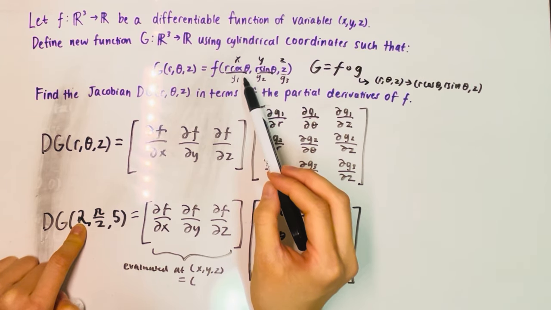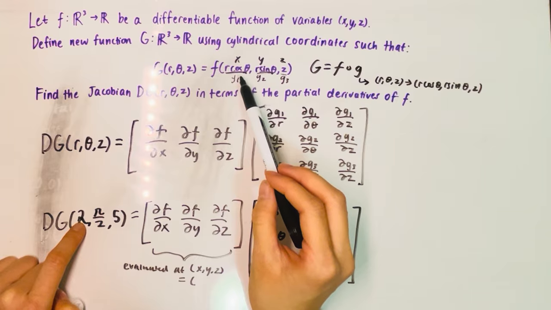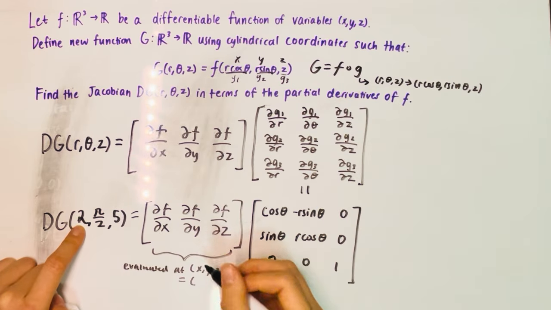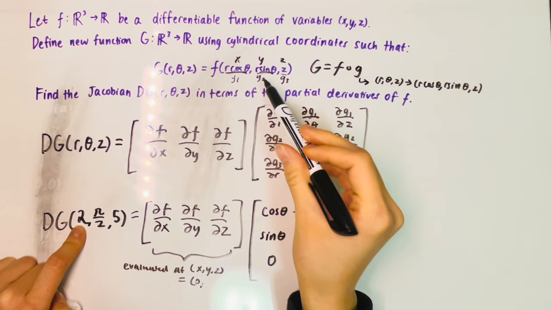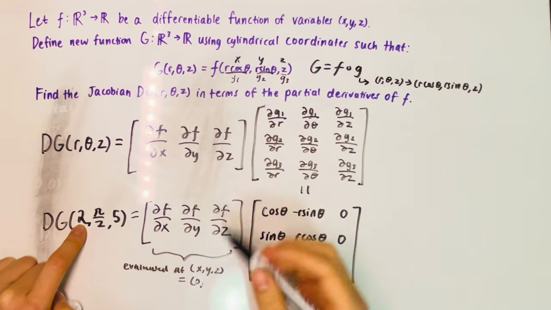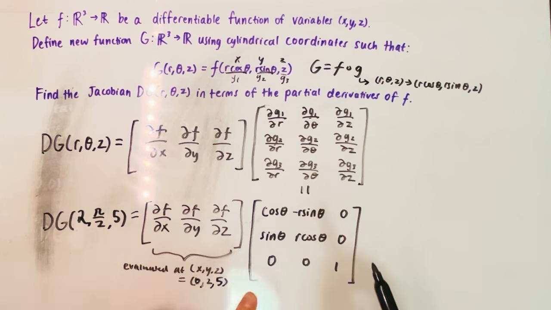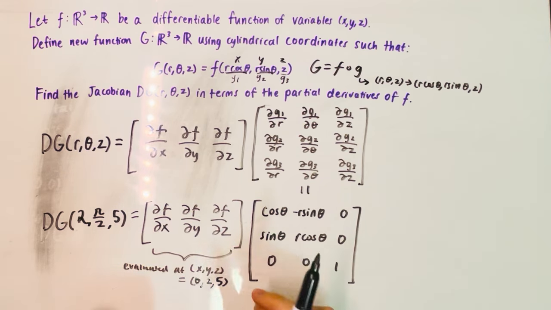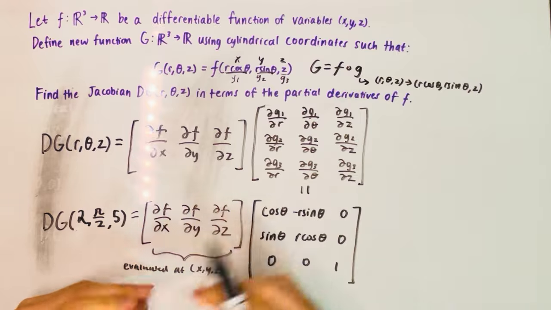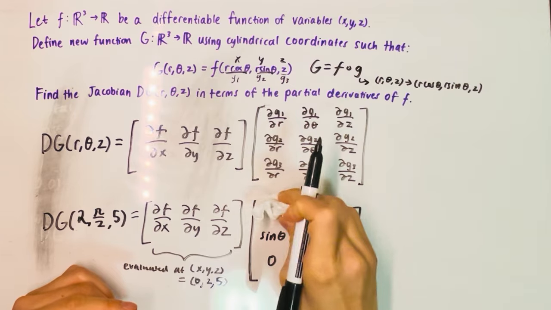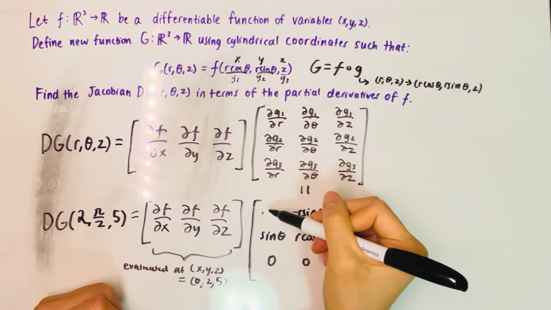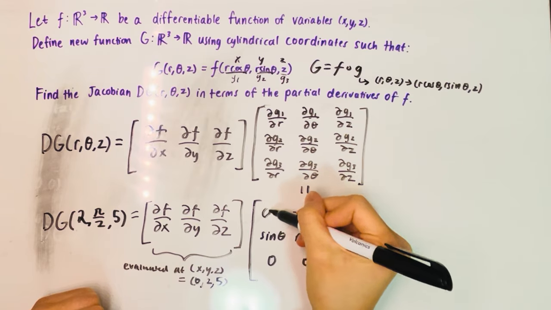That's equal to, so we plug these in. So this would be 2 cosine π/2, which is 0, 2 sine π/2, which is 2, and 5. So these will all be evaluated there. And then you'd multiply it by cosine of π/2, which is 0, so that would be equal to 0.